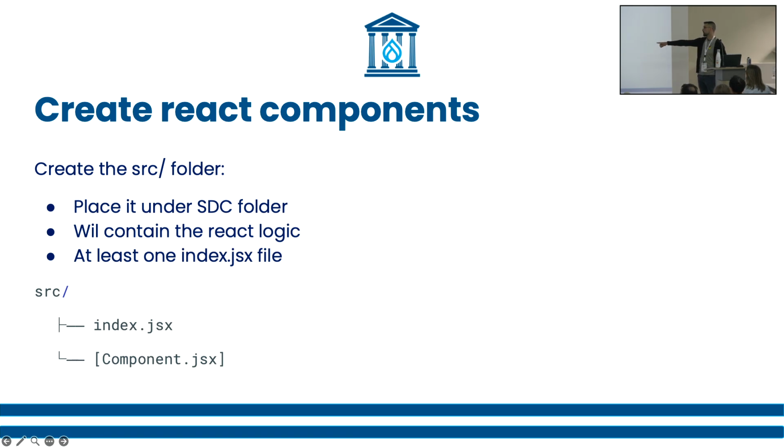We will name the component like our component in Drupal, so if its name is button, we call it Button. We need to have at least one index.jsx file, which will append our components to its related template file.